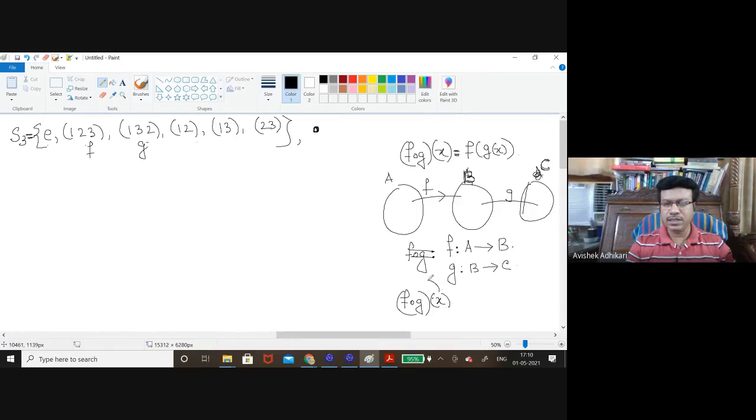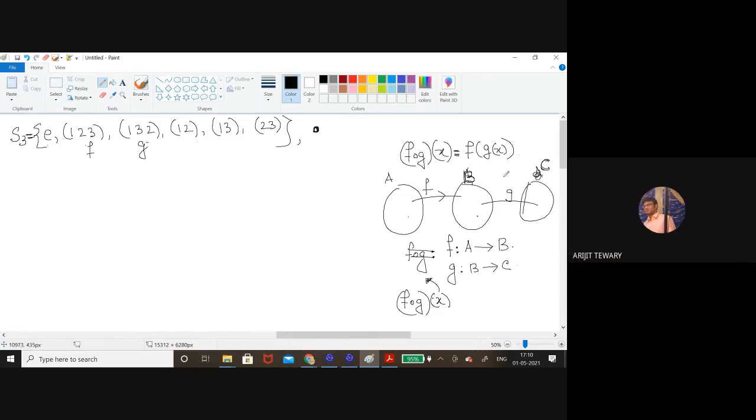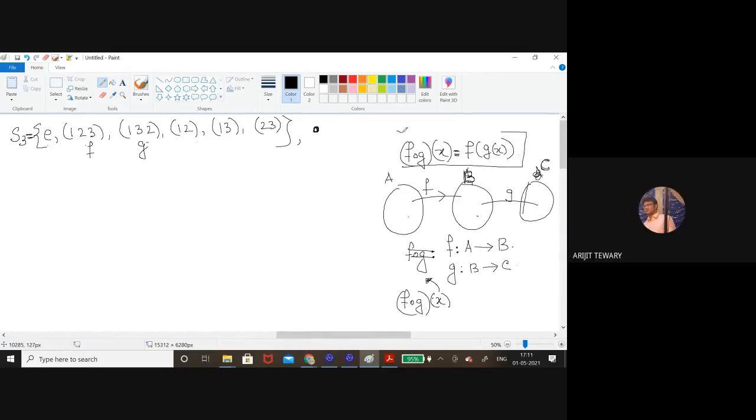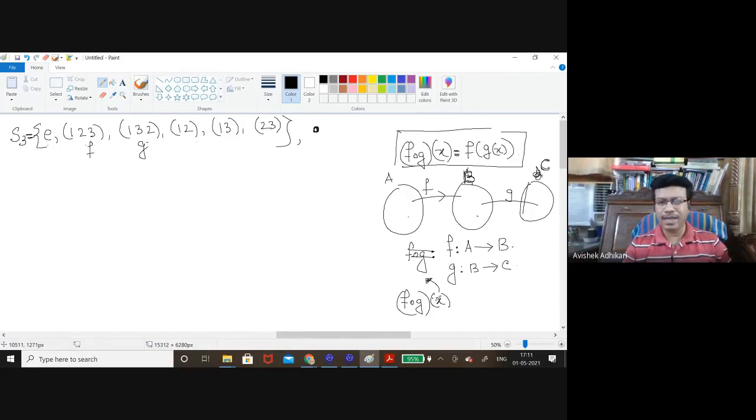Now the question is, where should this x come from: A, B, or C? Following the formula, it should come from A, but picture-wise, it should be G of X, and the X should come from B. But as you understand, it should come from A, because this composition should be from A to C ultimately.